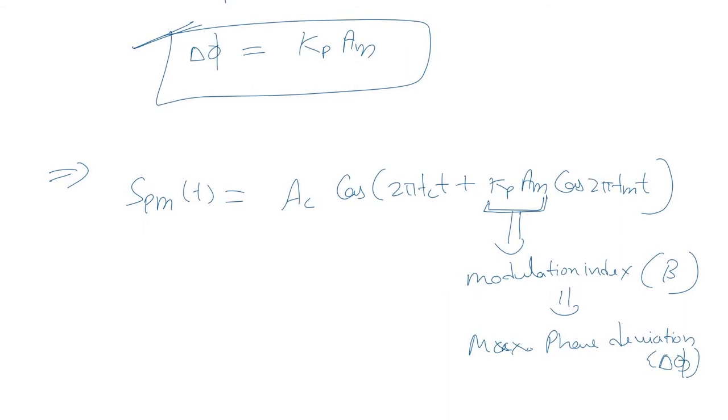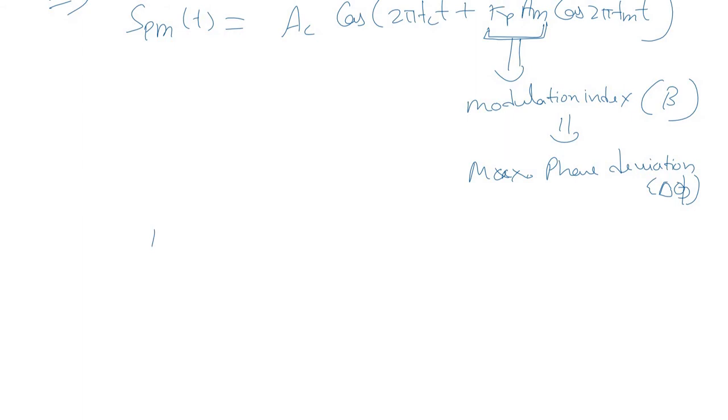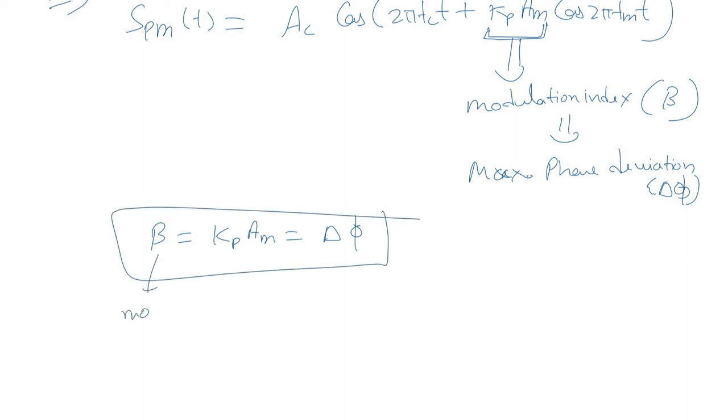So now you can see one thing over here. The modulation index for PM, beta, is equal to Kp into Am, and it is equal to the maximum phase deviation.